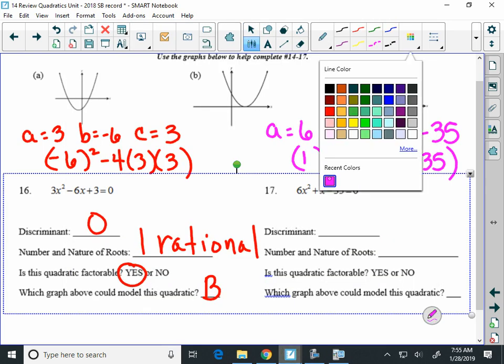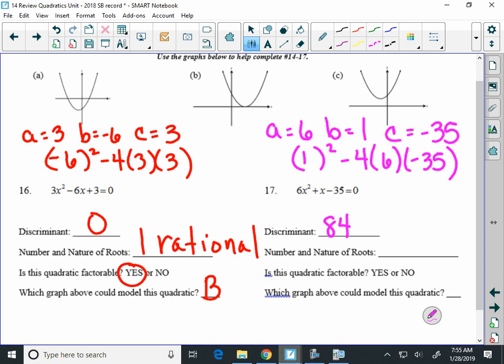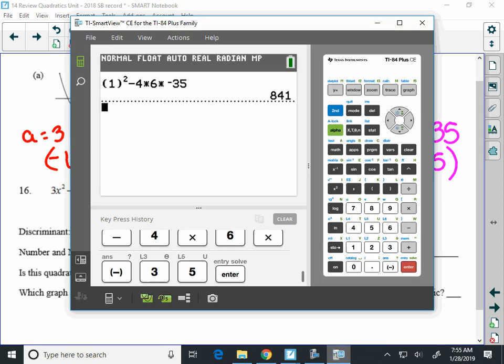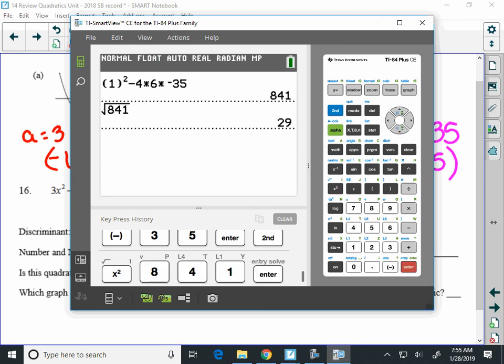And it seems that I got a little bit tricky on this one, because the question with this is, is 841 a perfect square? And I don't know right off the top of my head that it is or isn't, and you probably don't either. So when we don't know, let's type in the square root of 841. And we get 29. We don't get a big long decimal number here.